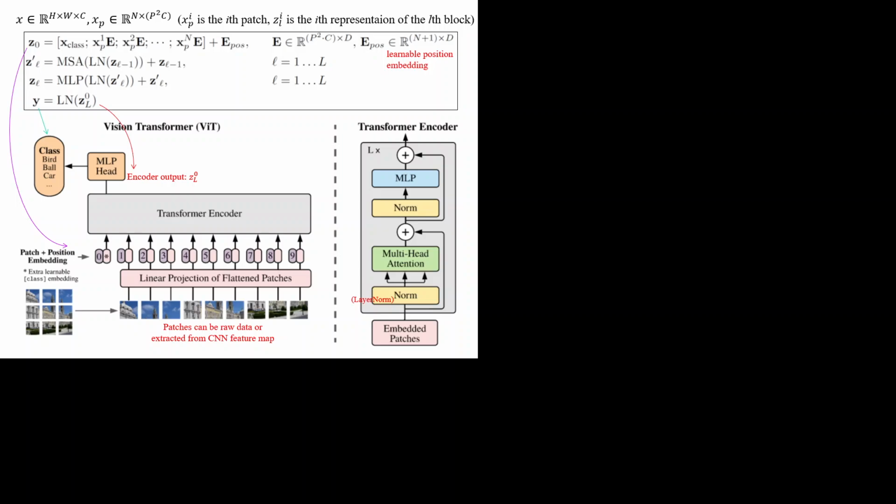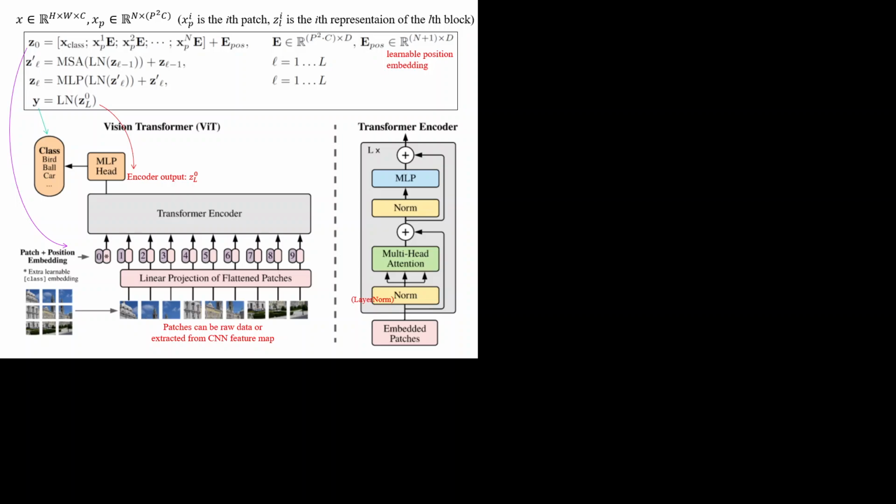In ViT they have some special design. At first, they have a position embedding. It's the same idea as in the original transformer, but here each patch is associated with a location ID, from 1 to 9.